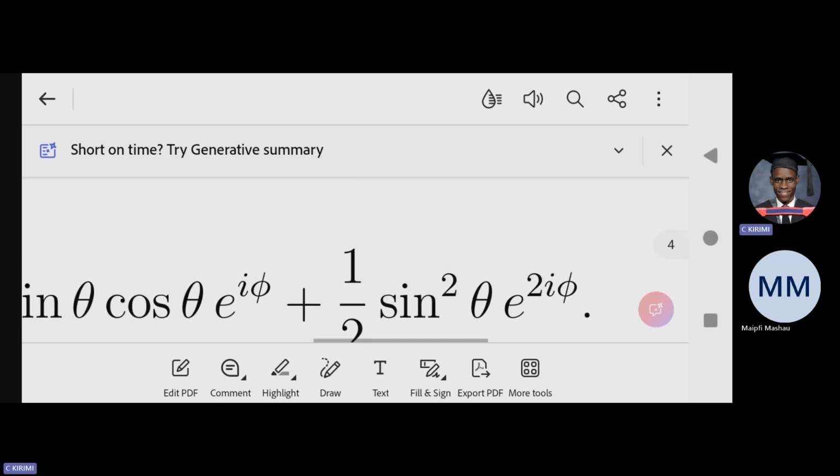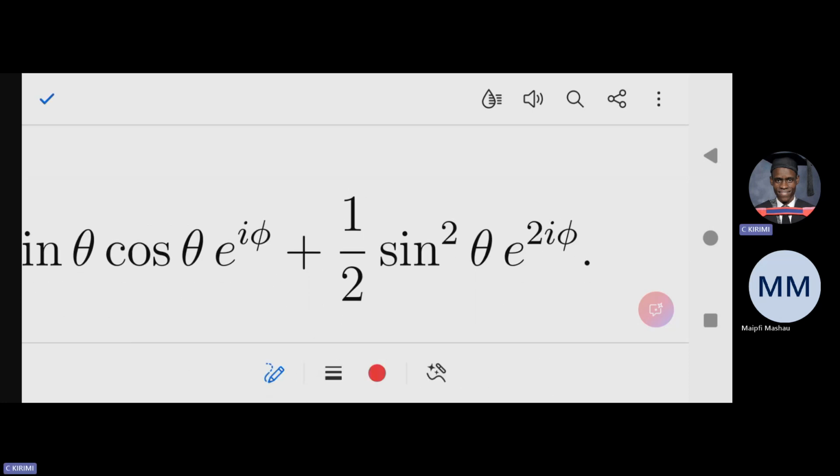Can you see it? Here, M is 2, sine squared. And then here, M is 1. So where are you ranging the M?